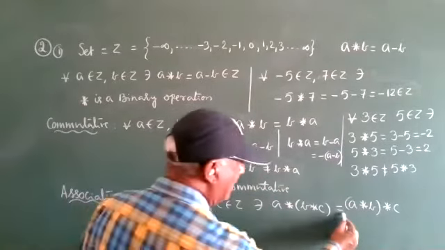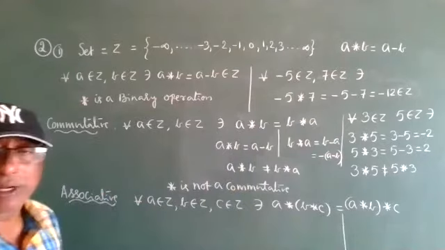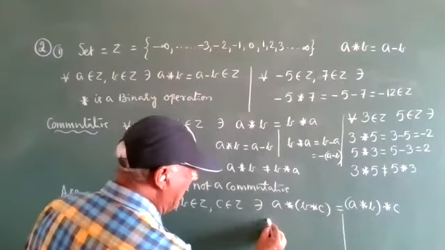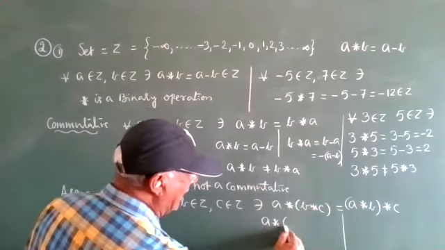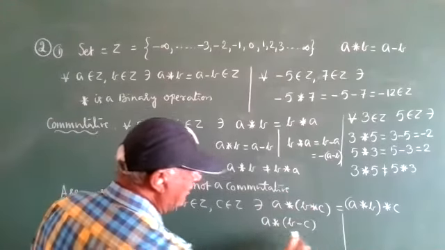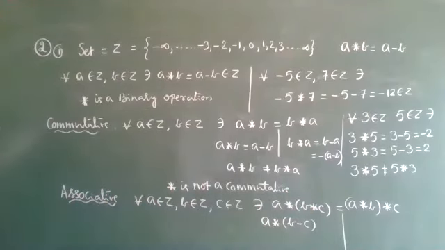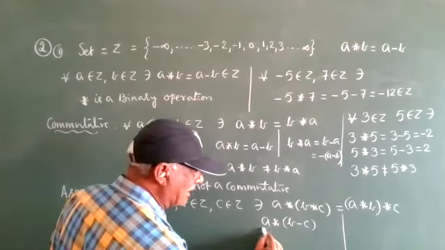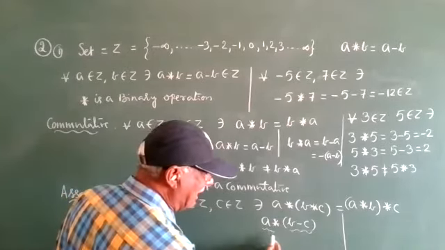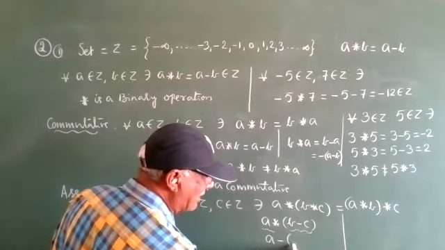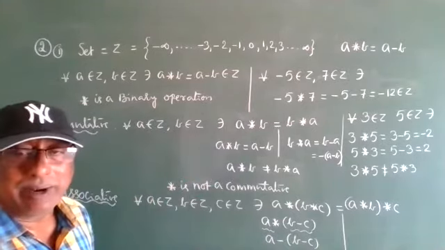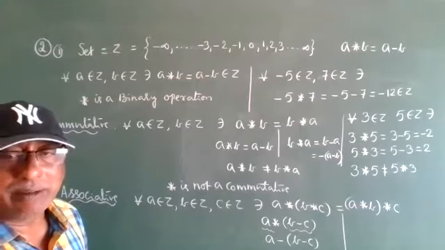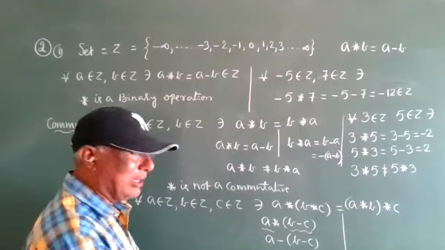Now draw the line, and find the left hand side and the right hand side. B star C is B minus C. Again, A star this: the first element is A, the second element is B minus C. First element minus second element, so A minus of B minus C. What is the value?